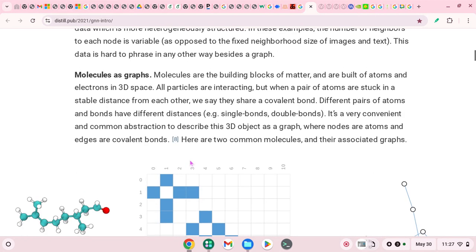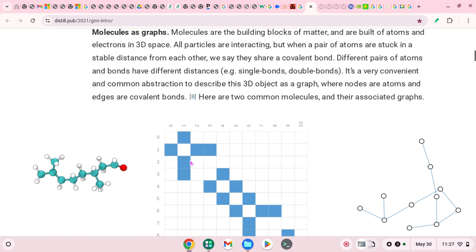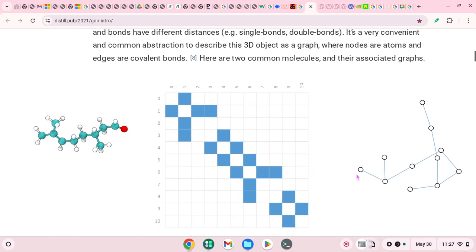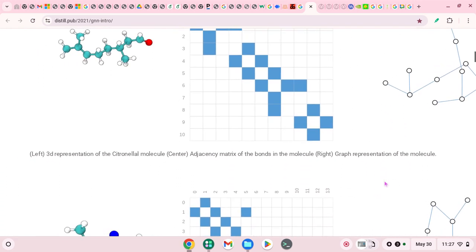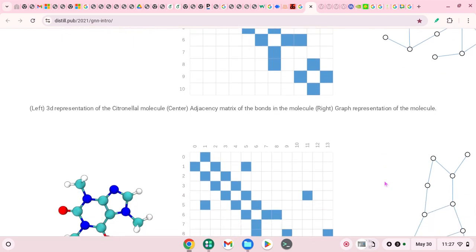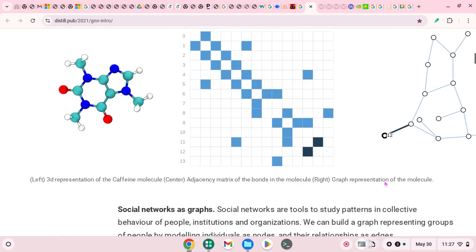For example, complex molecules filled with interconnected atoms can be represented as a graph on the right-hand side, where each atom has different types of connections with the different neighboring atoms, and the whole structure contributes to the molecular structure, and this molecular structure will determine the properties of the molecules.